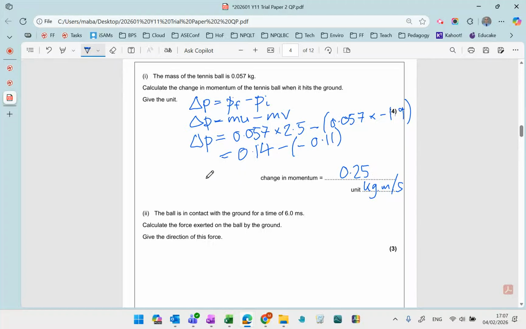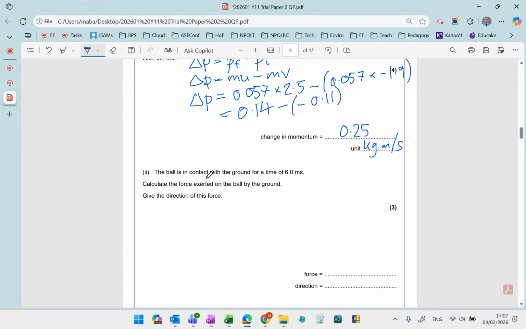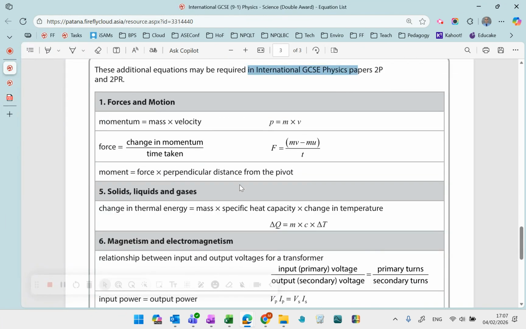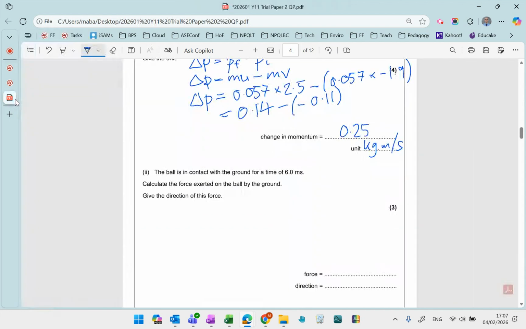The ball is in contact with the ground for a time of 6 milliseconds. Calculate the force exerted on the ball by the ground. Again, I can't remember the formula, so I'm going to look it up in my booklet. There we go. The force is the change in momentum over the time taken. So the resultant force is equal to the change in momentum over the time taken.